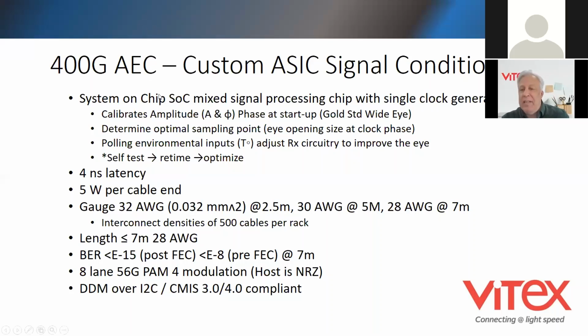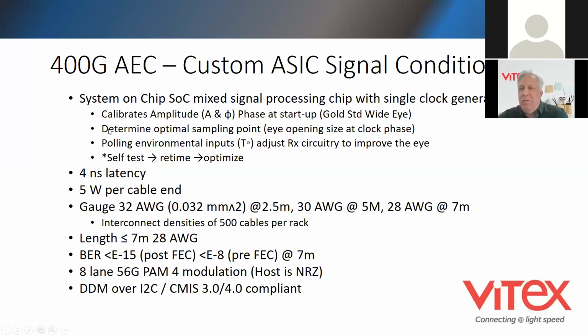The way this operates is you're taking your electrical signal and you're doing signal conditioning. We have a system on a chip, a mixed signal ASIC chip with a clock generator. Basically, when we plug this in to the host, we'll plug it in on both ends, but it calibrates amplitude and phase at startup, and basically comes up with what we'll call a golden standard for the eye, the open eye or the wide eye.